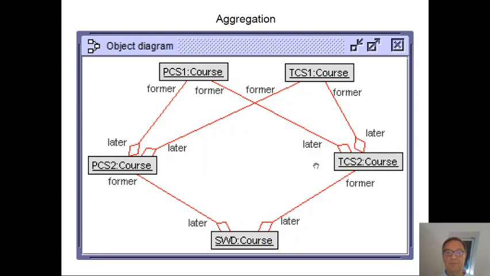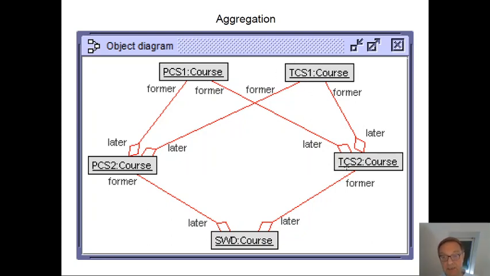And each of these two courses here, Practical 2 and Theoretical 2, has prerequisites again. Practical 2 has prerequisite Practical 1, and it has prerequisite Theoretical 1.